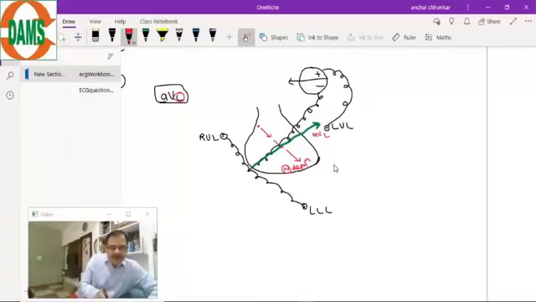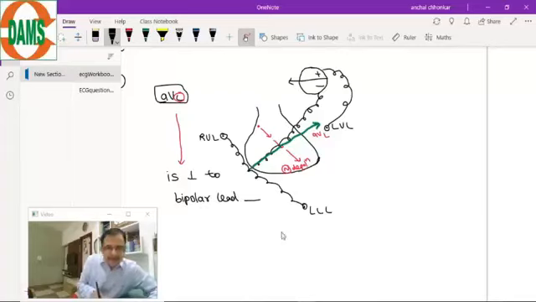So that means AVL is perpendicular to which bipolar lead?